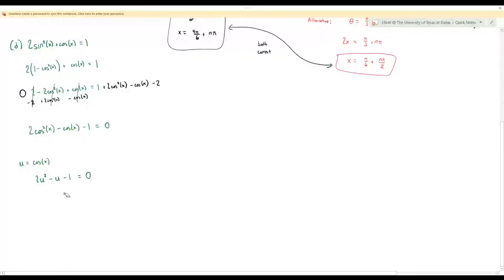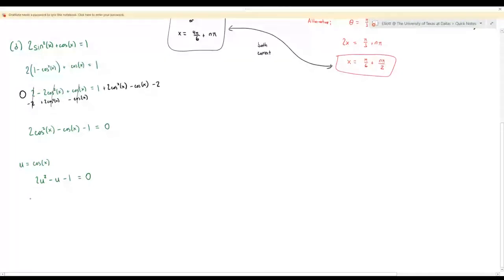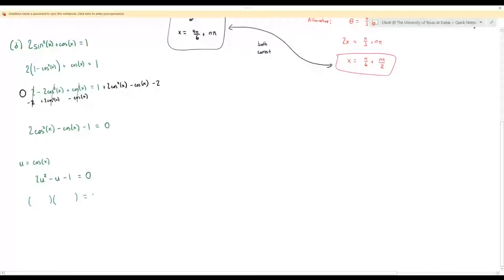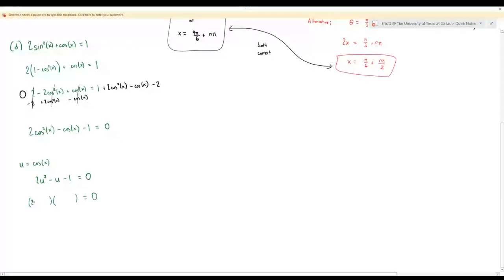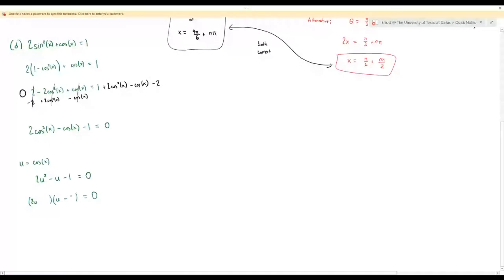So then for a quadratic equation like this, what you want to do is either factor it or use the quadratic formula if you're not able to factor it. You want to try to factor or use the quadratic formula to solve for u. In this case, I believe it does factor as 2u plus 1 times u minus 1.